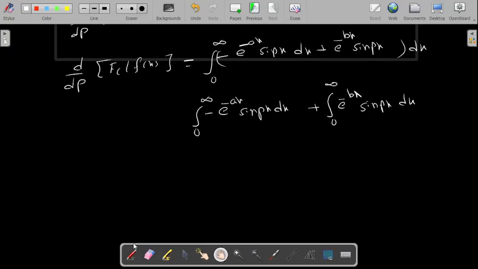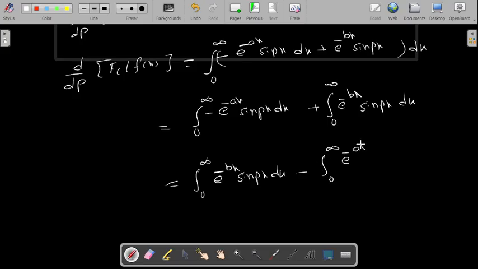So this equals integral 0 to infinity e power minus bx sin px dx, minus integral 0 to infinity e power minus ax sin px dx.